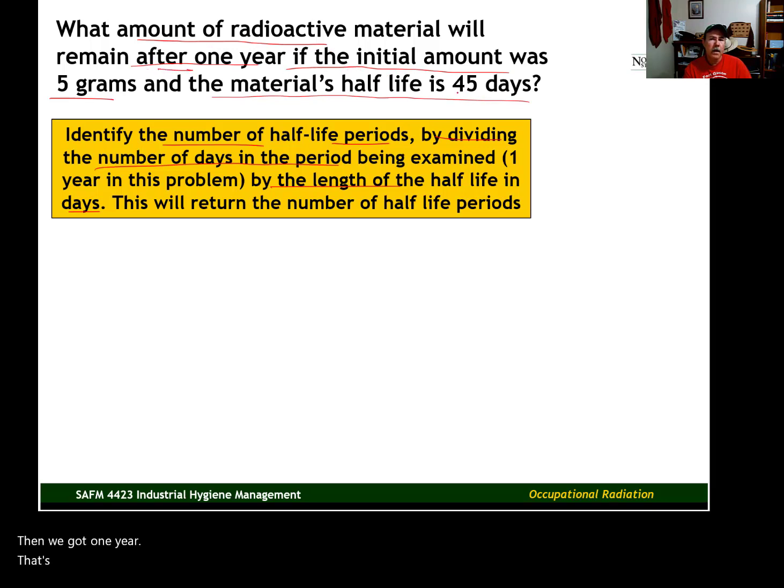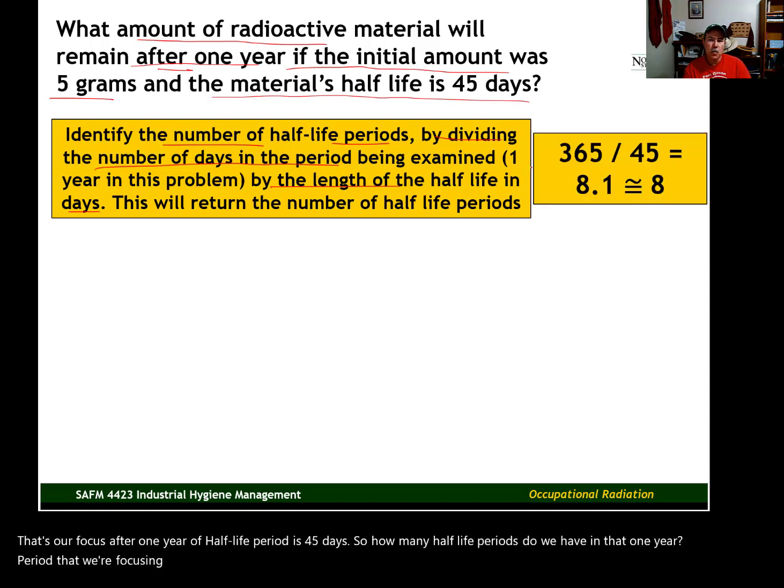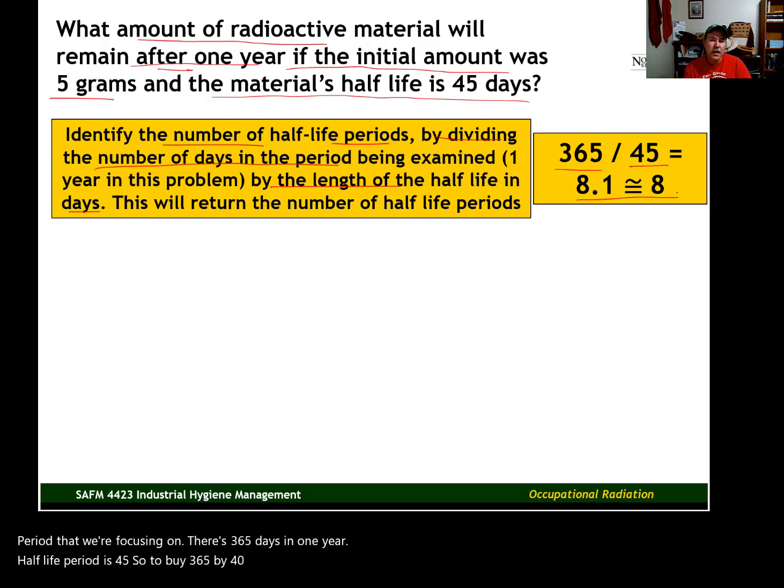A half-life period is 45 days. So how many half-life periods do we have in that 1 year period that we're focusing on? There's 365 days in 1 year. Half-life period is 45, so divide 365 by 45. We end up with approximately 8 half-life periods.